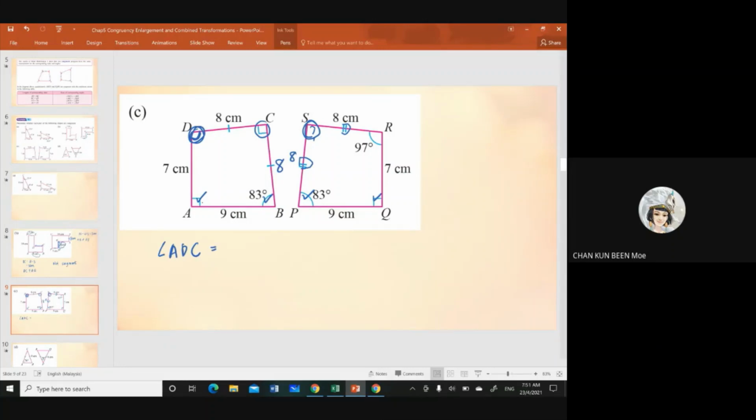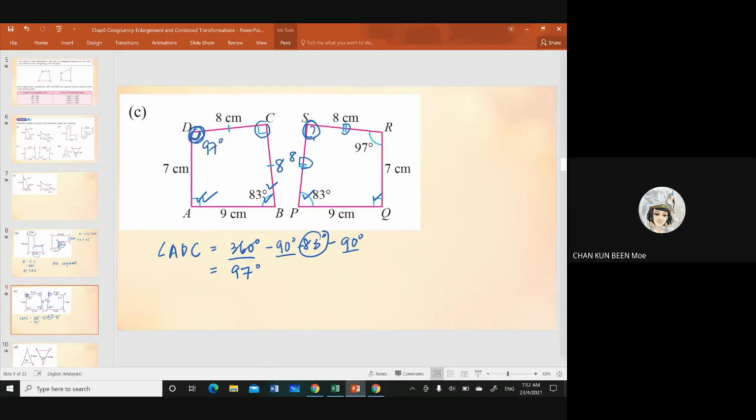To find out angle ADC, this is a quadrilateral, right? The total angle of a quadrilateral is equal to 360 degree. So you just need to deduct the 90 degree, the 83 degree, and another 90 degree. 360 minus 180, 180 remain. 180 minus 83, the answer is 97 degree. So this is 97 degree.